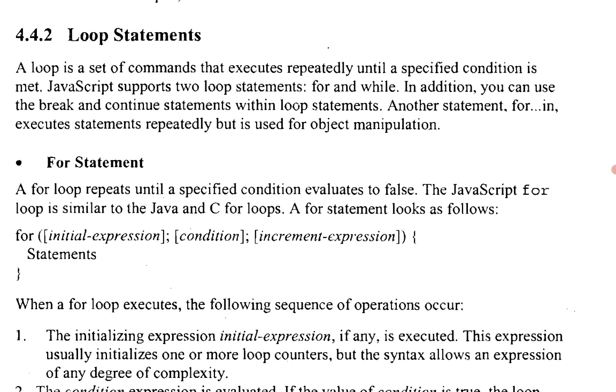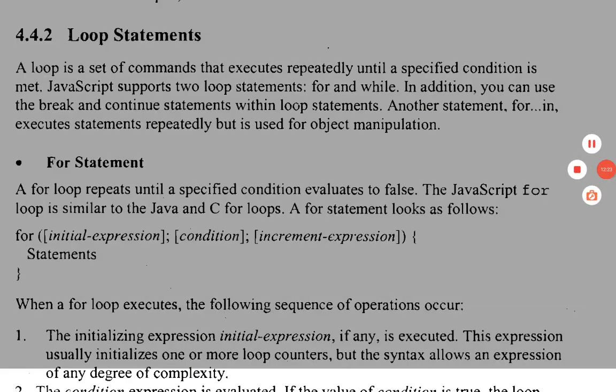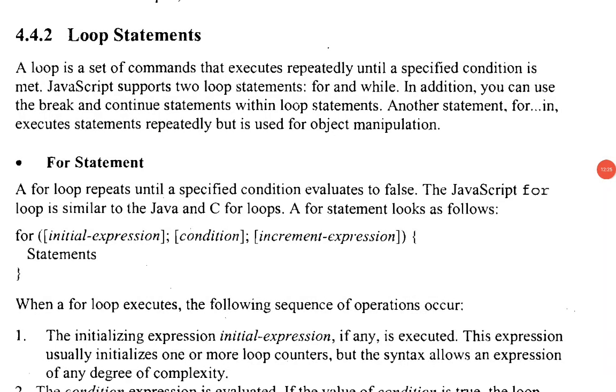So the for loop has three parts or components. First is initialization, second is the condition, third is the increment decrement part. In the initialization part, we initialize the index variable or looping variable with some value.